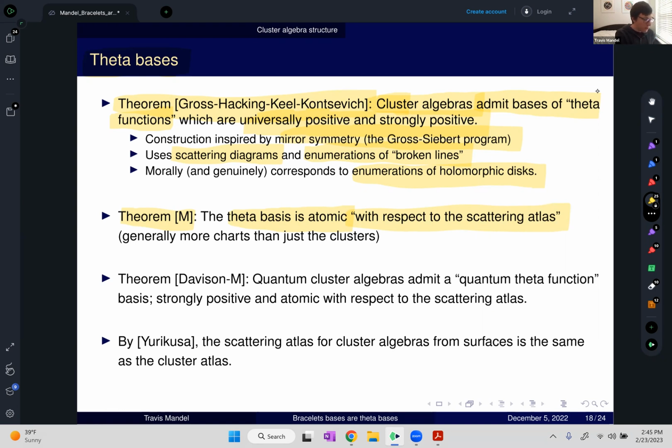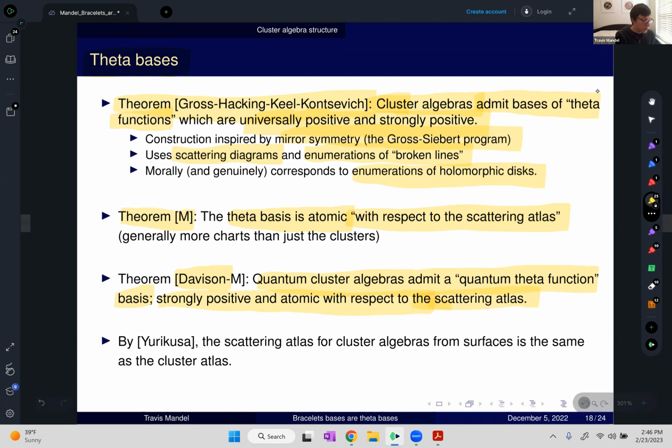Then I have a result from a few years ago with Ben Davison. We found that the quantum cluster algebras admit a basis of quantum theta functions, and these are again strongly positive and atomic with respect to the scattering atlas.